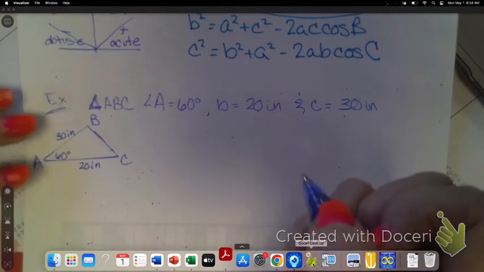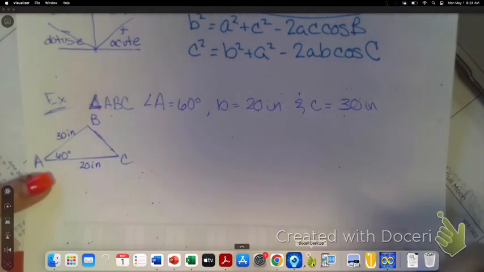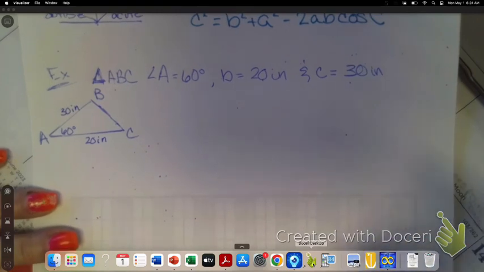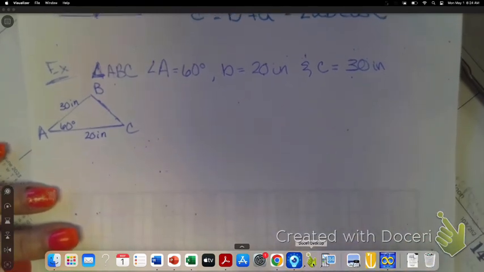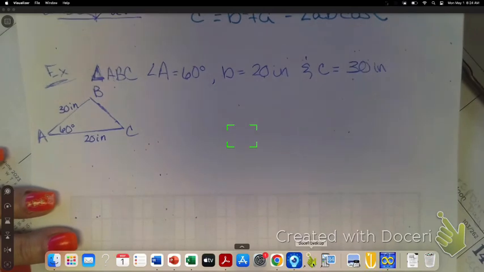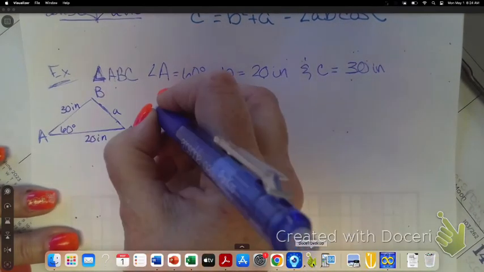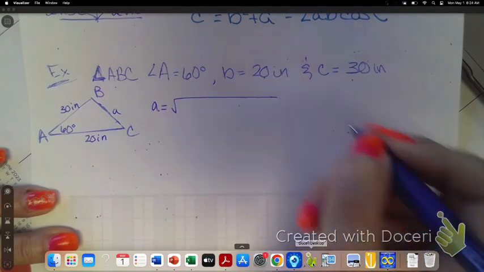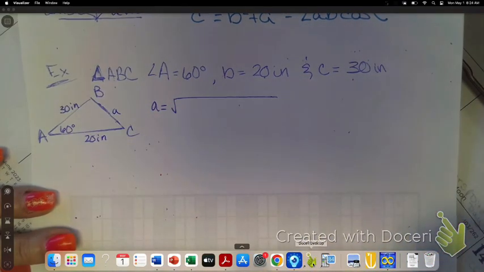Okay, so we're going to find everything. So we're going to fill it in. So what is the only thing we can find right now? Side A, right? So we're going to do A equals the square root. I'm just going to go ahead and take the square root of it because I don't want A squared, do I?